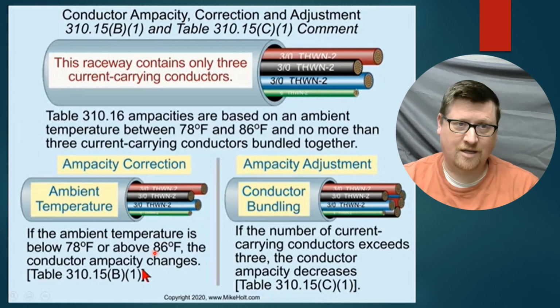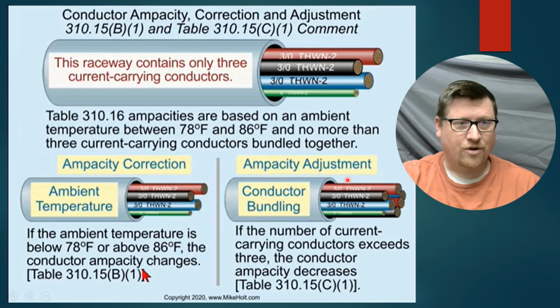We may correct it as less ampacity, or if it's a cold environment, it's possible that we could add some ampacity. Then we're going to look at how many current carrying wires are stuffed in that conduit. If it is more than 3, then we're going to have to make an adjustment. We're going to have to decrease the amount of amperes that we run through those wires.